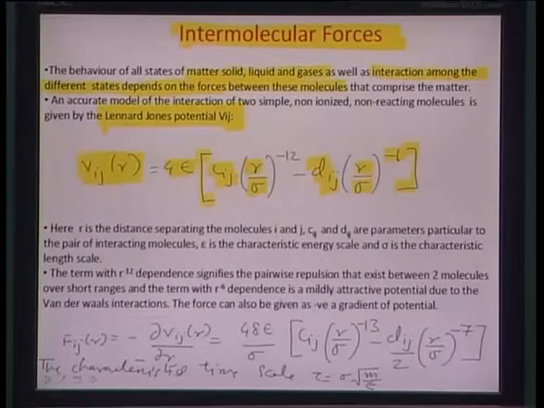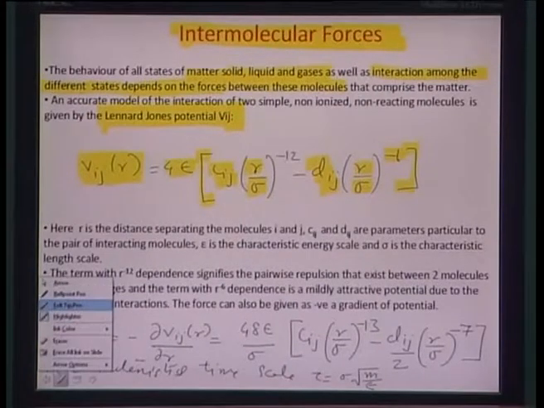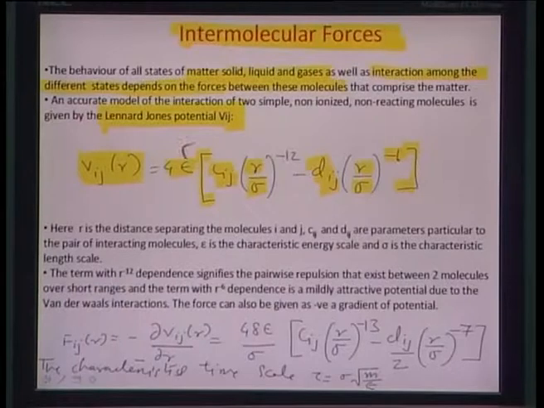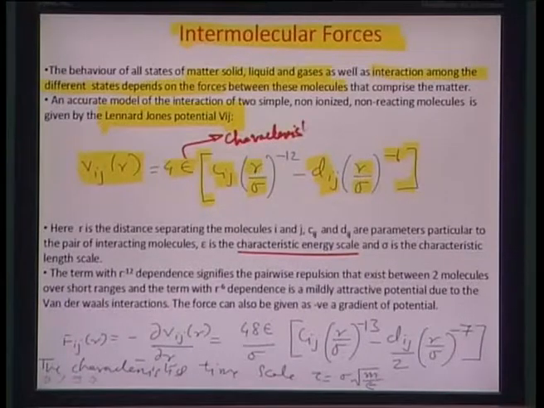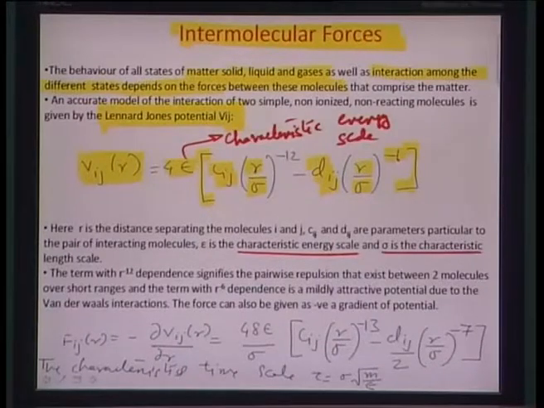Epsilon is essentially the scaled energy, the characteristic energy scale we call it, and sigma is the characteristic distance scale or the length scale.